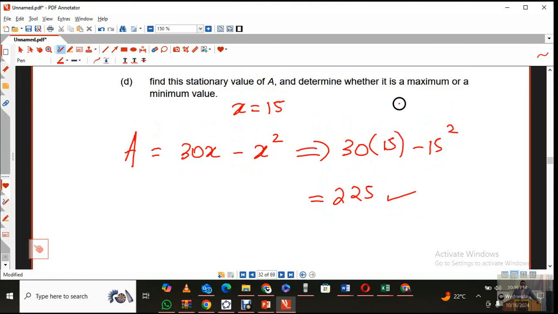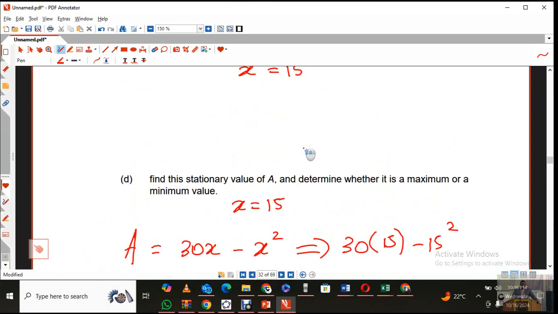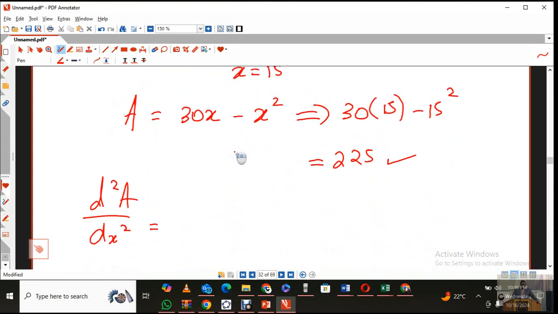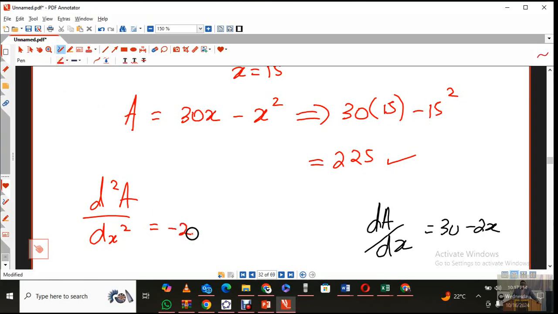Then determine whether it's a maximum or a minimum. For you to determine that, you are supposed to do the second derivative. The first derivative, dA/dx, was 30 minus 2x. So the second derivative, d2A/dx squared, is going to be nothing but minus 2.